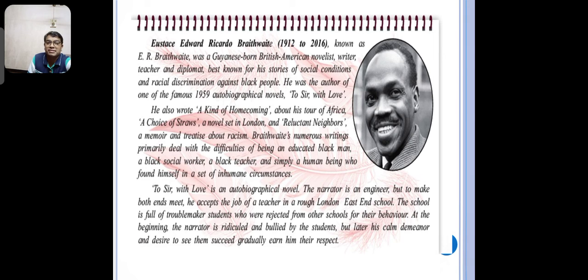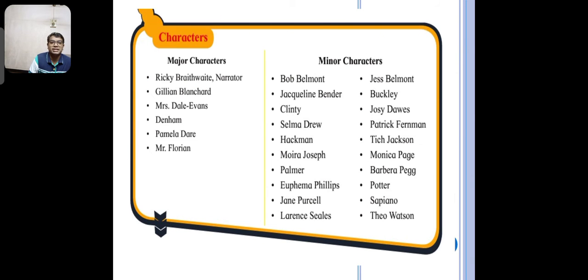We move forward and talk about the characters. We classify the characters into two different groups: major characters and minor characters. Major characters are those who have a very strong role in the story, and they have an active presence throughout the story.